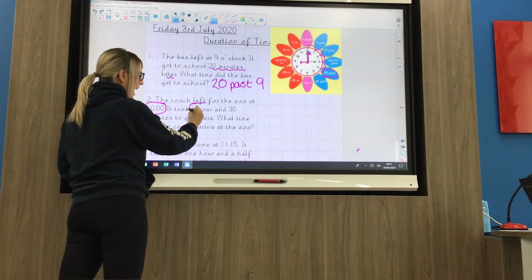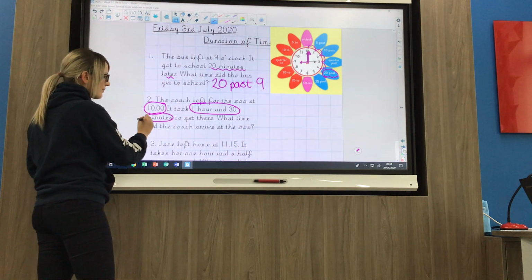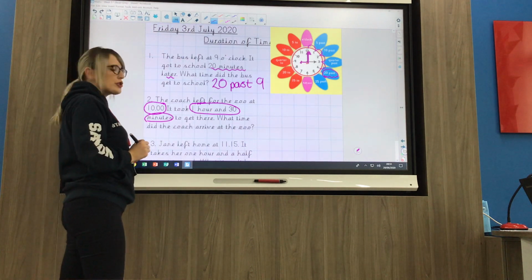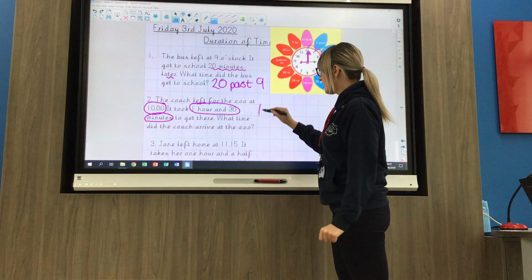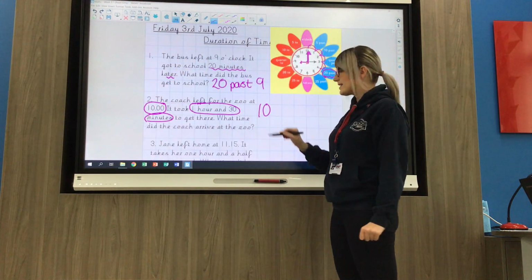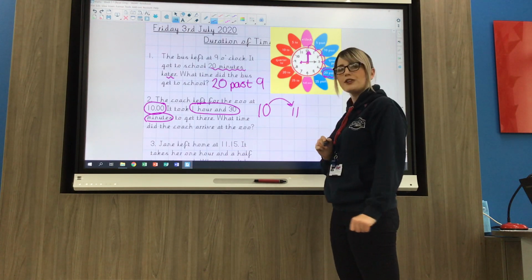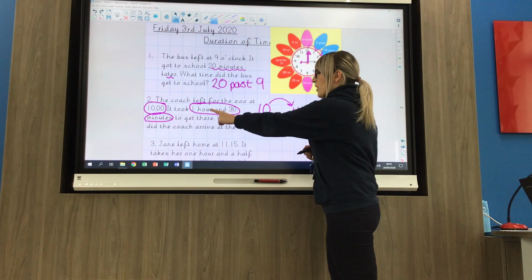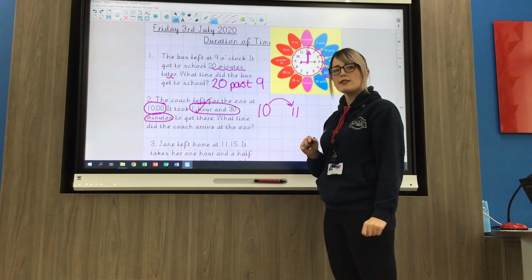It took 1 hour and 30 minutes to get there. What time did the coach arrive? Okay, so if I'm at 10 o'clock, 1 hour later, I know would be 11 o'clock. Okay, and then it's 1 hour and 30 minutes. I've done the hour, now I need to do the 30 minutes.